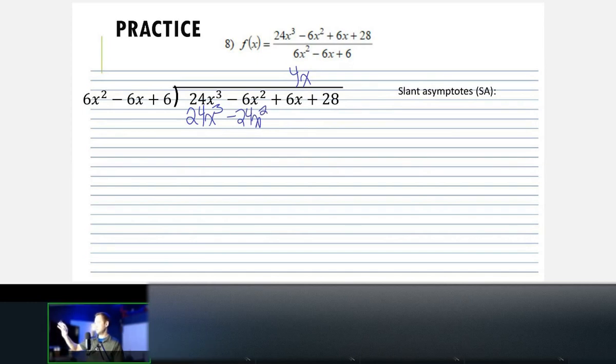And then 4x times 6, oh, okay, 24. I was confused. I feel like getting 24 three times in a row just looks weird. Anybody else thought the same thing?